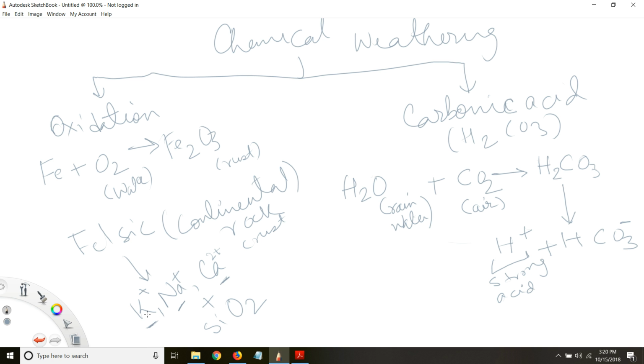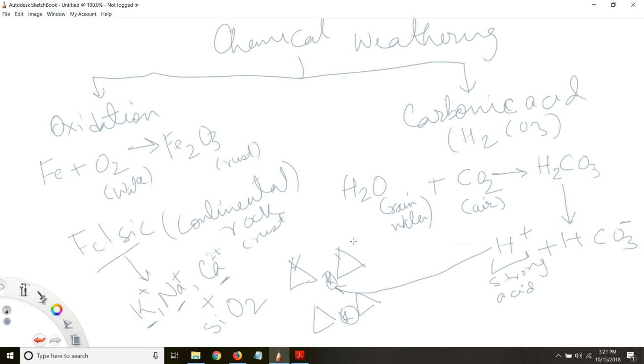If you remember from chapter 1 on minerals, your tetrahedra are bonded together by means of cations. So it will attack the potassium or any other sodium or calcium cations, and that will make them lose the silica. This is how it will disintegrate these felsic rocks.